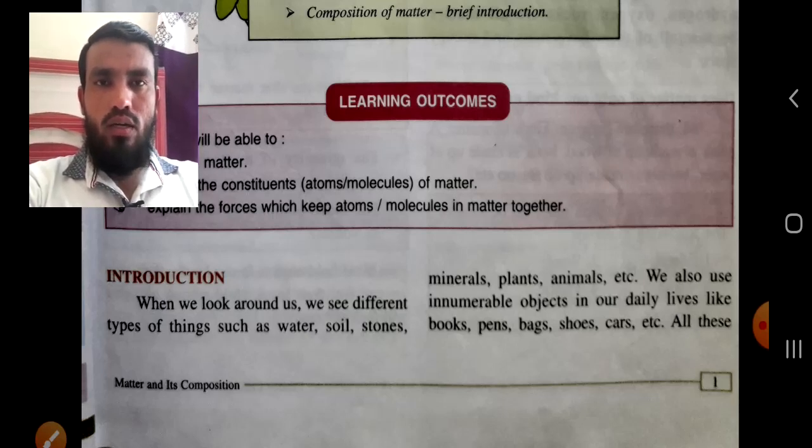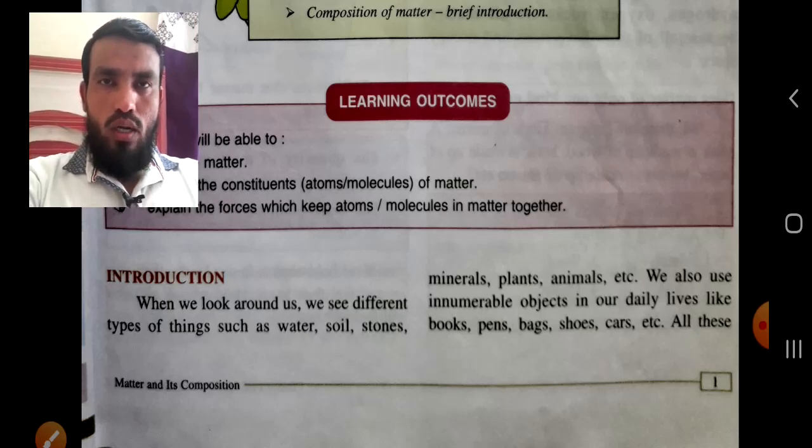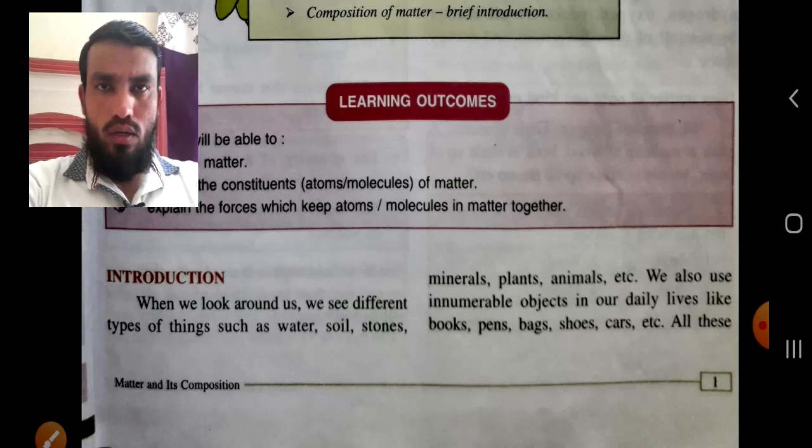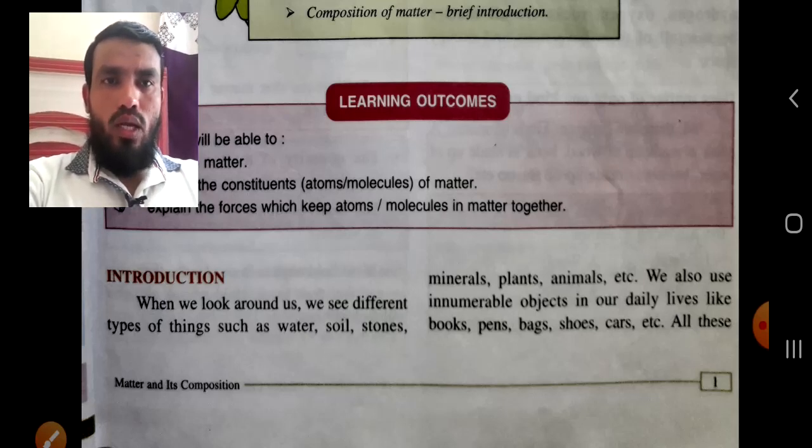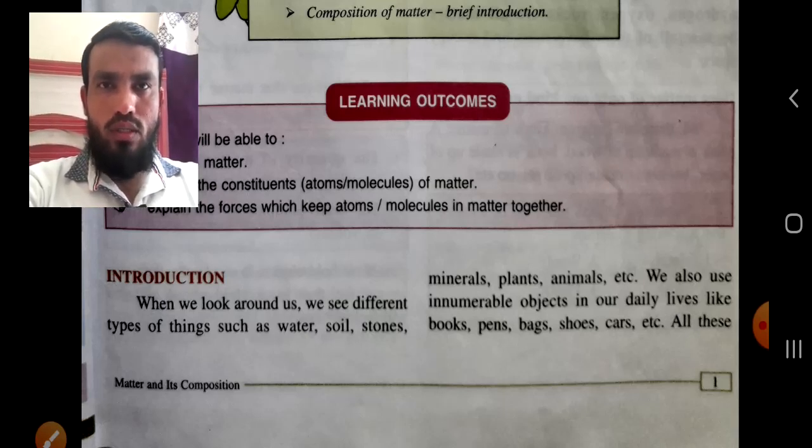Whatever things we are looking at around us, what is it that makes these different items or things? We also use innumerable objects in our day to day lives, like I am using this notebook, pens, bags while you are going to school.